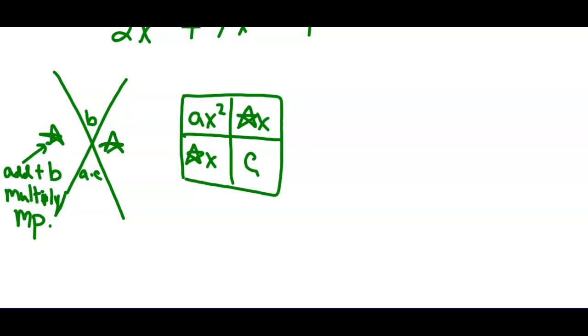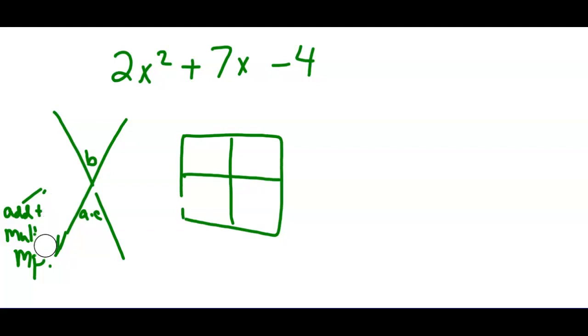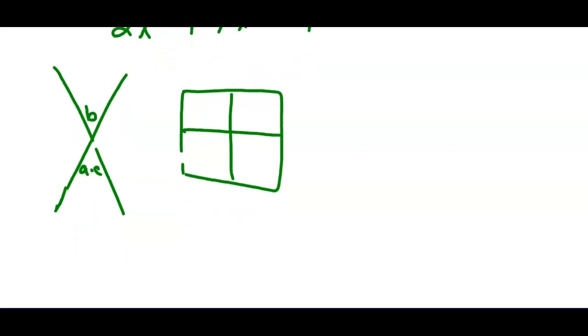All right. So, specifically for this one, let's figure out what these are. What is my A times C? -8. Okay? What is my B? 7.